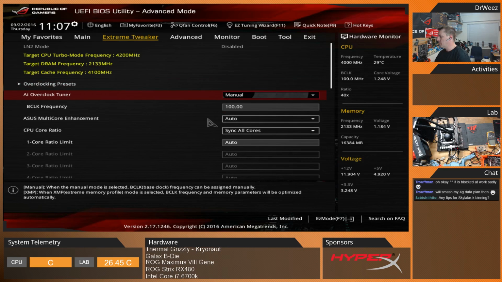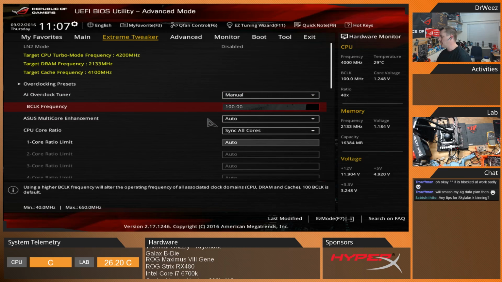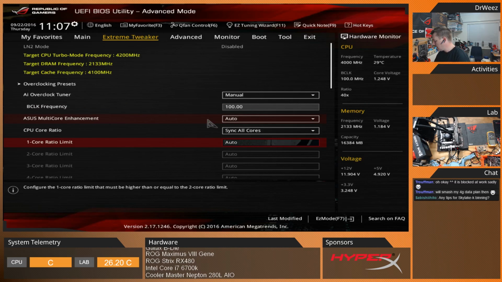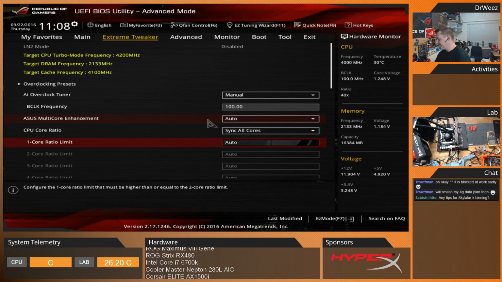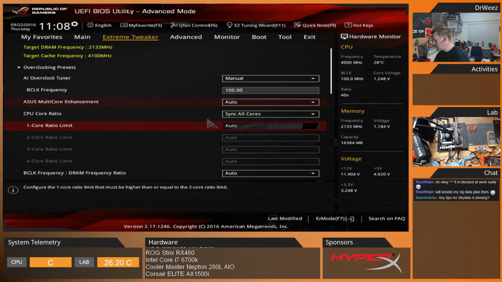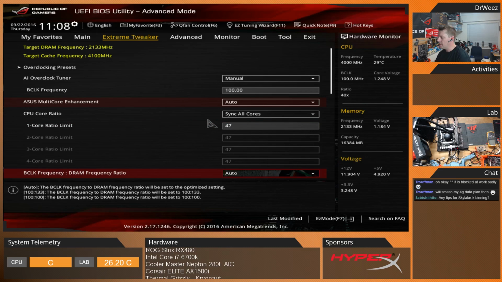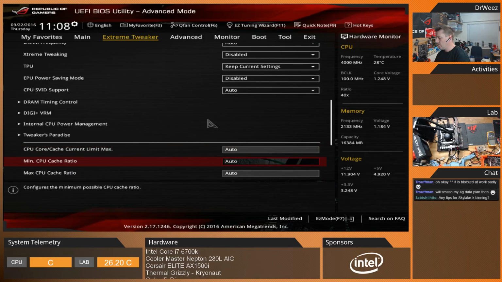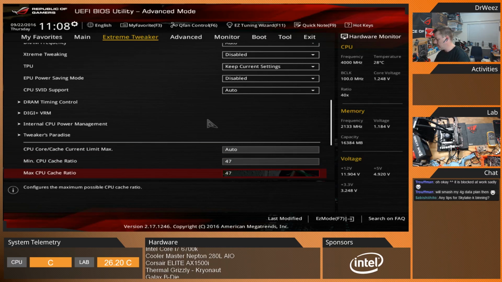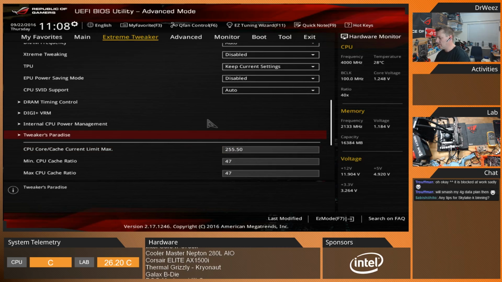We're going to put everything onto manual. We'll leave our base clock at 100, and we'll get to base clock just now. We'll try what should be a fairly easy 47 multiplier. For my cooling and this processor, 47 should be very easily done. We'll then also set our cache ratio up to 47, and we'll just set that up to max.